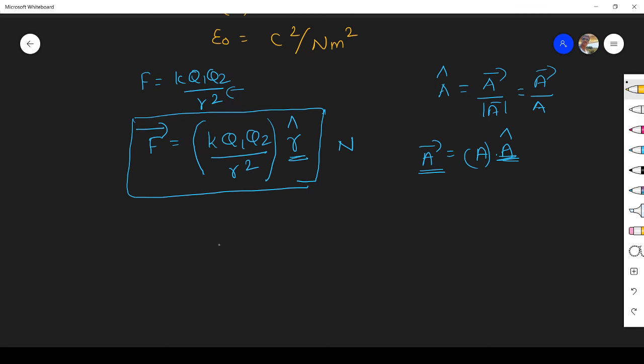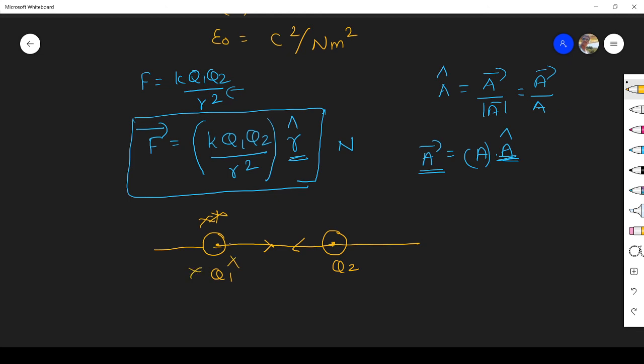In order to find that, you see, let us assume Q1 is here, Q2 is here. In order to find the direction of force, you have to draw a line from the center of one charge to the center of other charge. Right? The force lies along the direction, in this direction, either this direction or this direction. It may go like this. It may be pushed like this. But the force doesn't act in this direction, in this direction, in this direction.